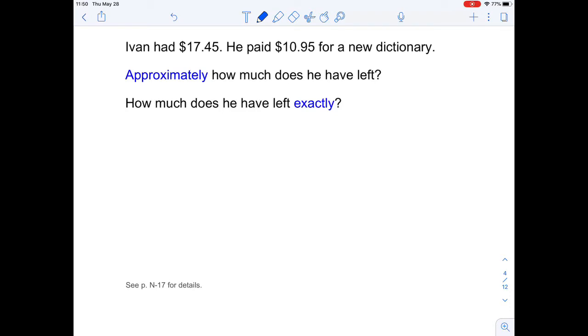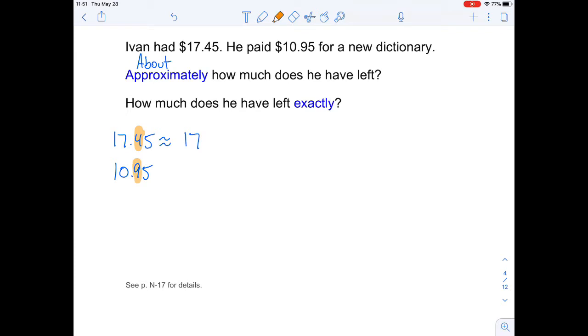So when you see the word approximately, or sometimes you'll see the word about, they are asking you to estimate. So 17.45, 4 or less, I'm going to let it rest. Actually, I should use the approximately equal to sign. It's approximately equal to $17. 10.95.